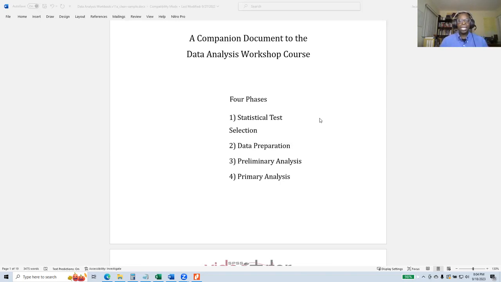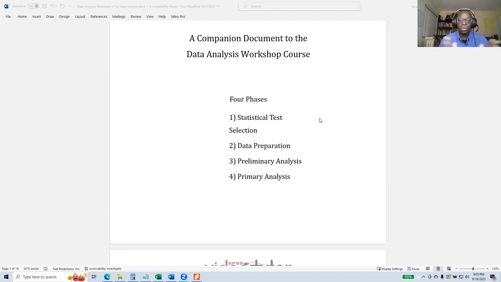Then the fourth day, we're going to look at preliminary analysis, because once we have our statistical test that we're going to run, we're going to figure out what is the health of our data. Is our data structured in such a way that we can run these statistical tests without problems?